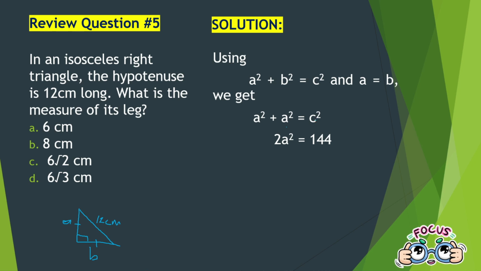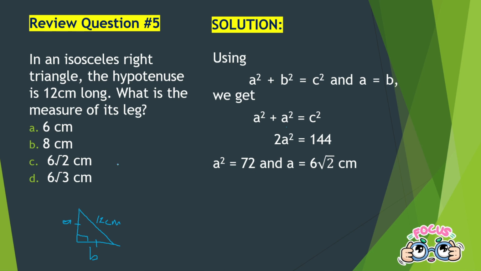Ang given ay yung C, which is the hypotenuse. So, 2A squared is equal to 144. Bakit naging 144? Galing po yan kay 12 squared. So 144 divided by 2, we get A squared is equal to 72, wherein A is equal to 6 square root of 2.